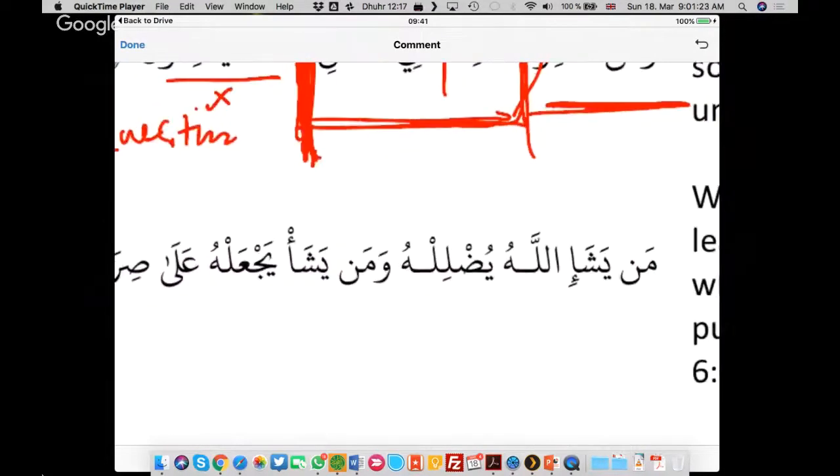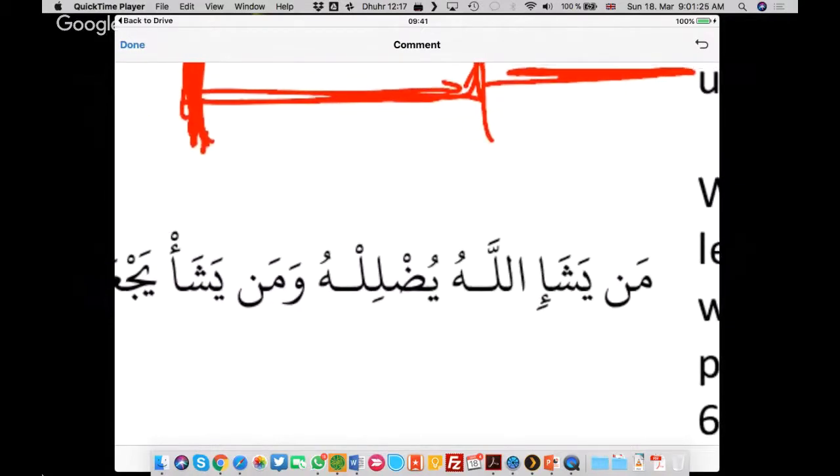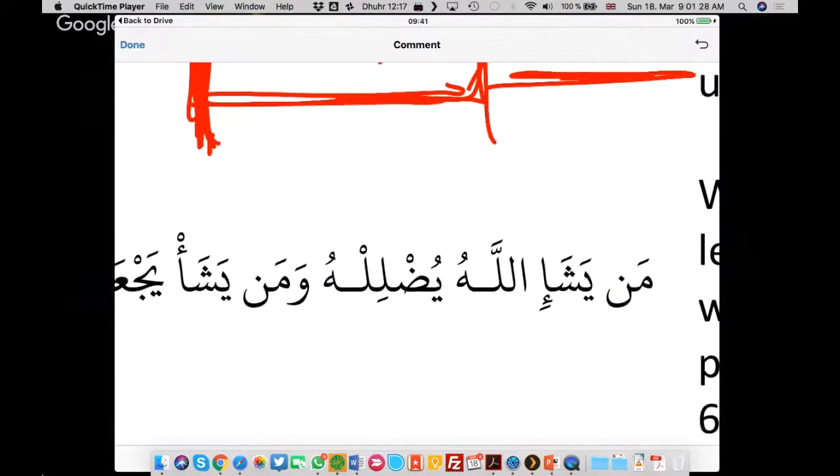Let's look at this one. Man yasha Allahu. Now, yasha'u was the original fi'l, and here there is yasha'i. How do I know this is a huwa form? Because I know yasha'u, and if it is made lightest, it is yasha with the sukoon, and now it has a kasra.